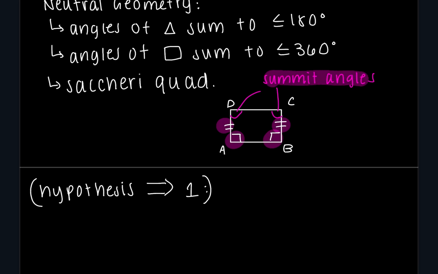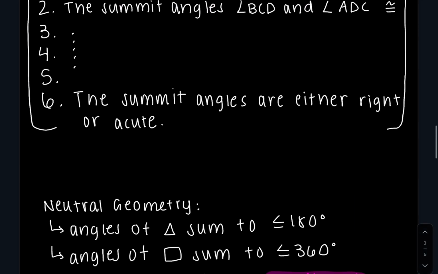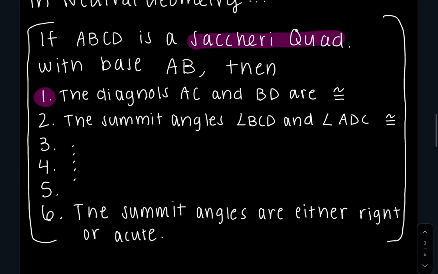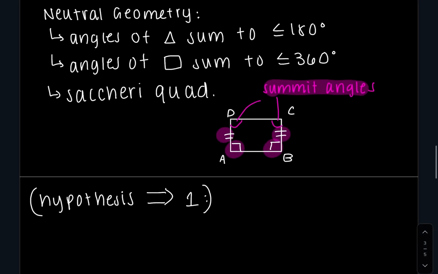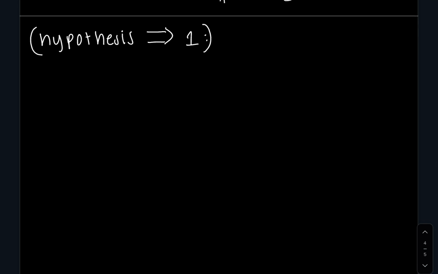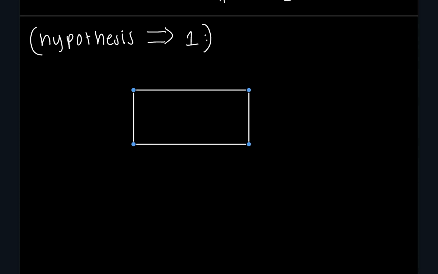Now proving that our hypothesis, which is we have a Saccheri quadrilateral, we can show therefore number 1 that the diagonals AC and BD are congruent. If we go ahead and draw a quadrilateral, we can add the features that these are 90 degrees and these are congruent.